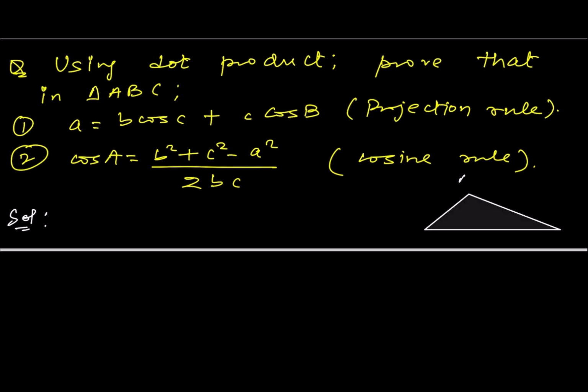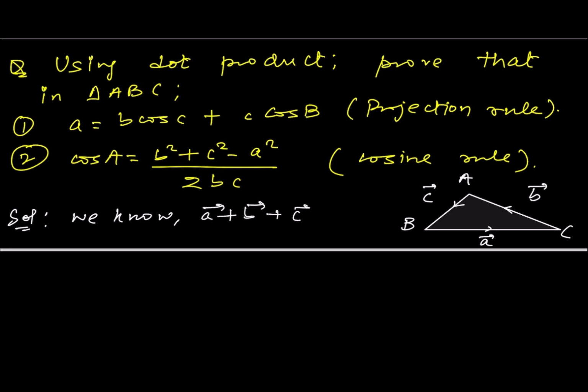Now, ABC is a given triangle. This is A, this is B, and this is C. So this is a vector, say this is b vector, and this is c vector, you can say. So we know a vector plus b vector plus c vector is equal to 0, right?